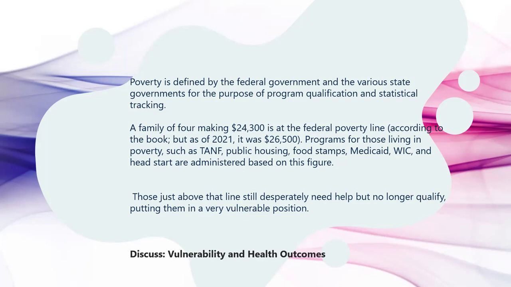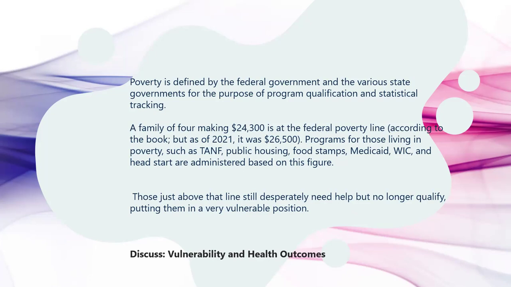If you make $1 over, $2 over, you no longer qualify for these resources. So that puts a person in a vulnerable position. So you were supposed to discuss vulnerability in health outcomes. Tell me what are some things that you all discussed about income, poverty, being vulnerable, and those health outcomes. What did you all discuss?